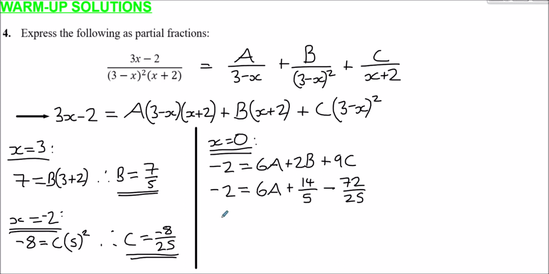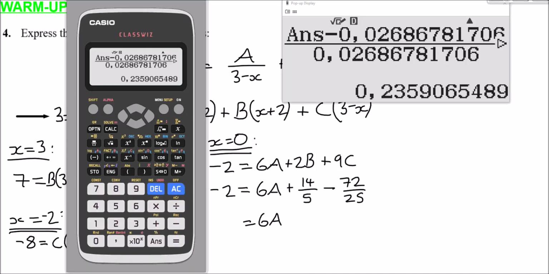Rearrange, so that I have 6a left on its own. If I subtract 14/5 from both sides and then add on 72 over 25, I can find the value on the left.